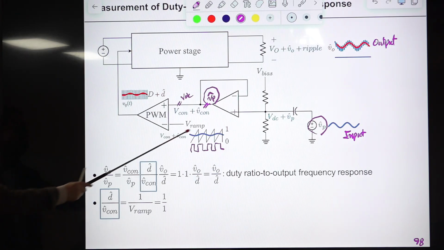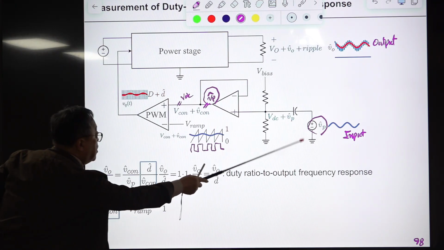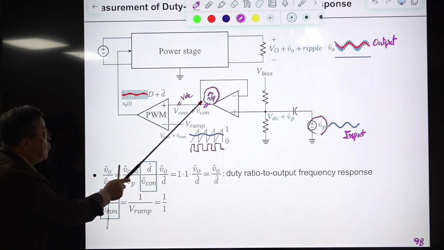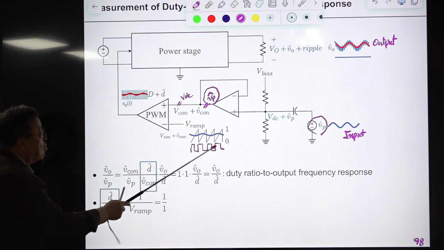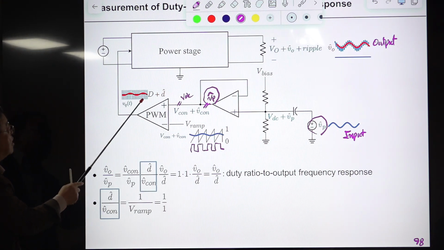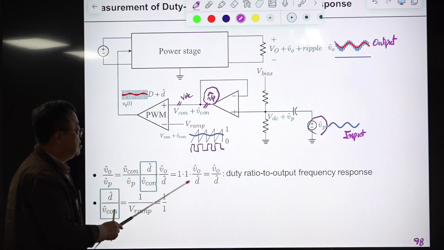So select this, then this is 1. All right. So the transfer function from there to here is 1, and from here to there is also 1. So we have two 1s here, and then the duty ratio to output transfer function is this one.